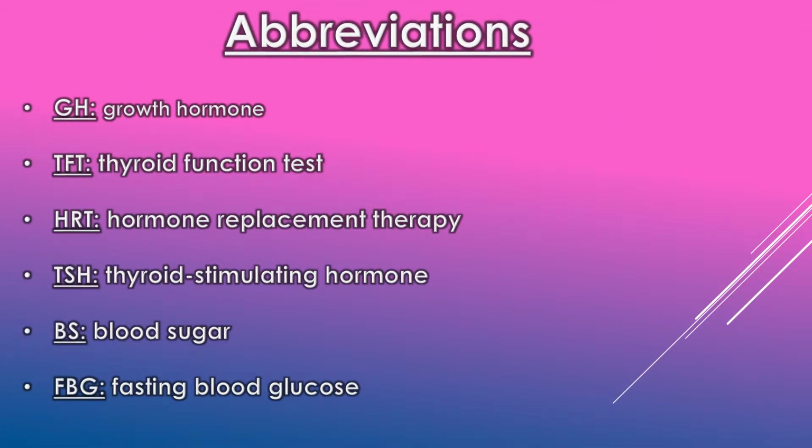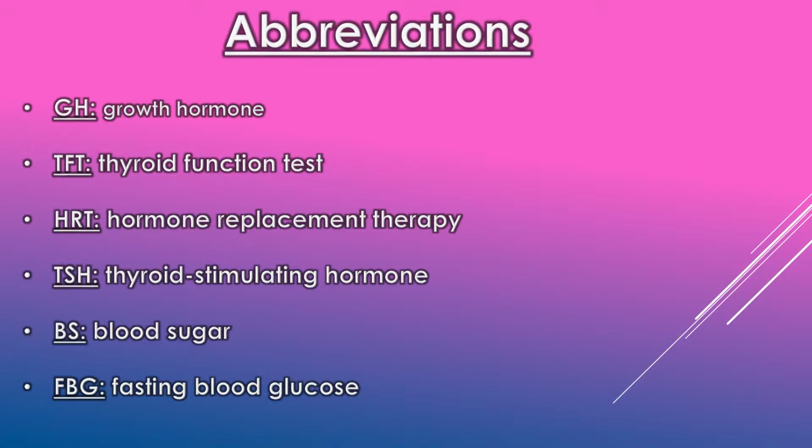Some abbreviations that I thought were important to know that are associated with this system. One is GH, which stands for growth hormone, a hormone that stimulates growth, and it's produced by the pituitary gland.